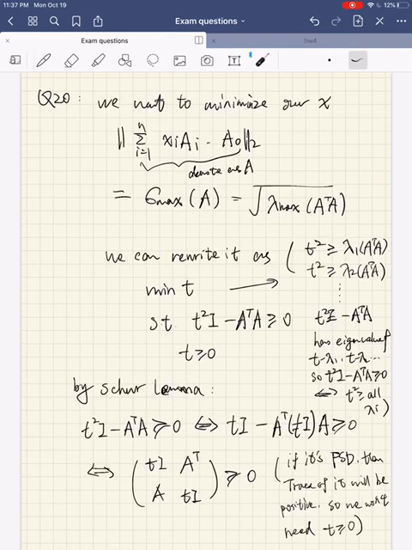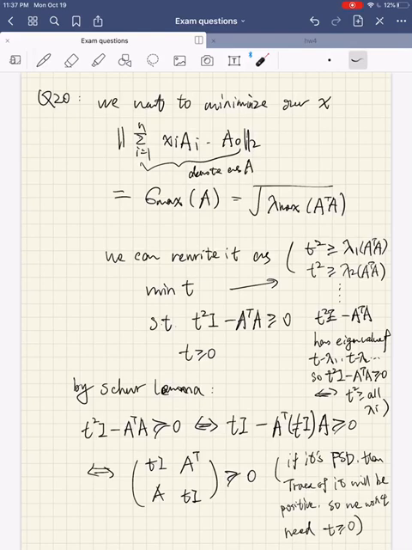So now I want to define our problem as semi-definite programming. First we need to know that we want to minimize such t. Basically the t here acts like a barrier.